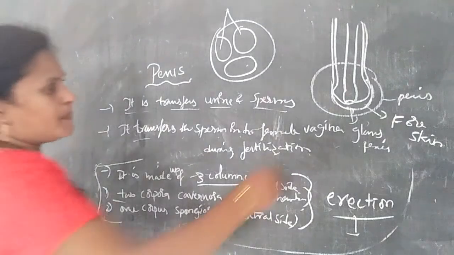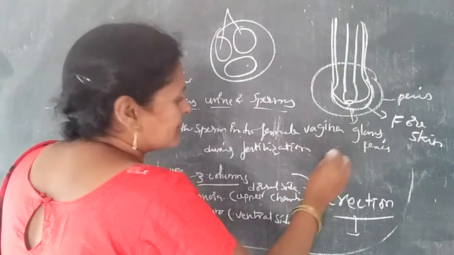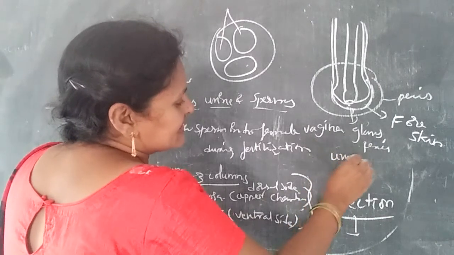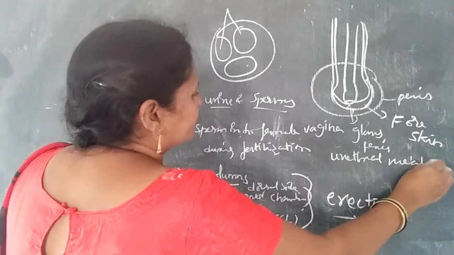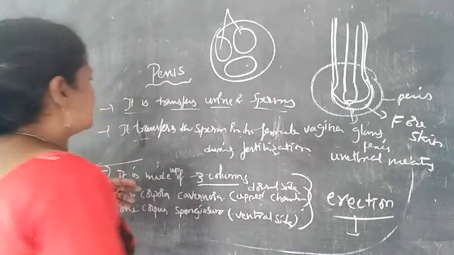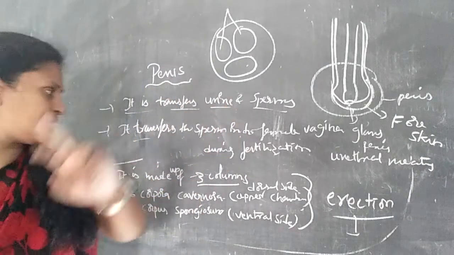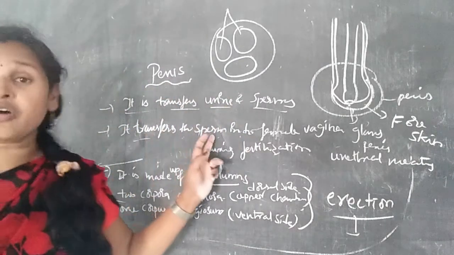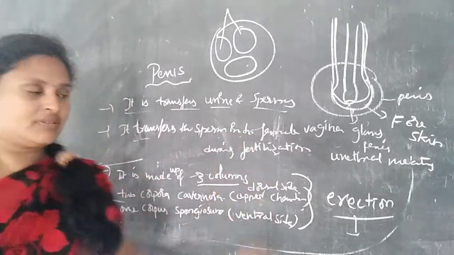And the penis opens to the exterior through the urethral meatus. So what is the penis? It transfers urine and sperms, and it transfers the sperms into the female genital tract during fertilization.